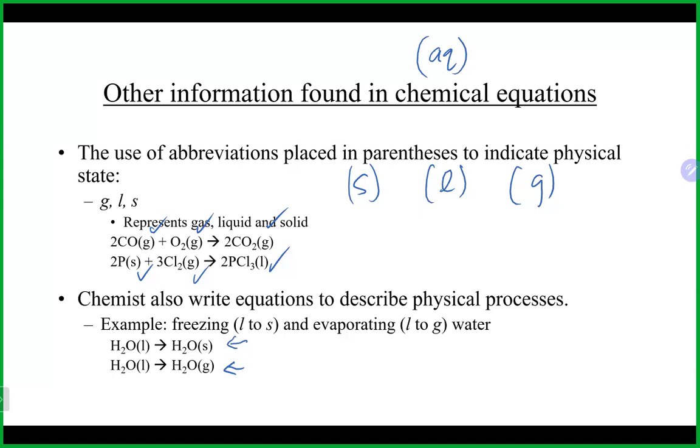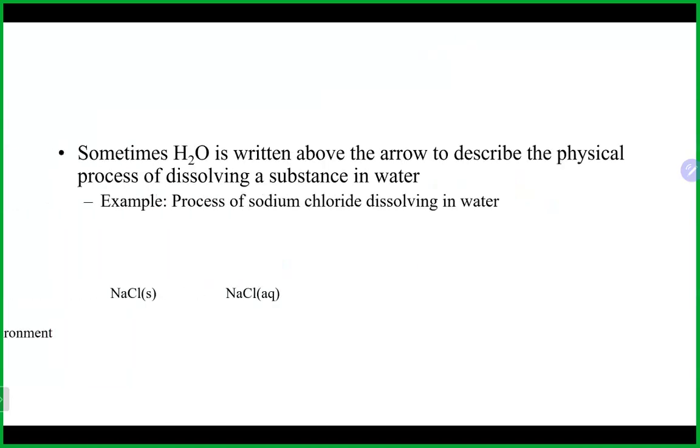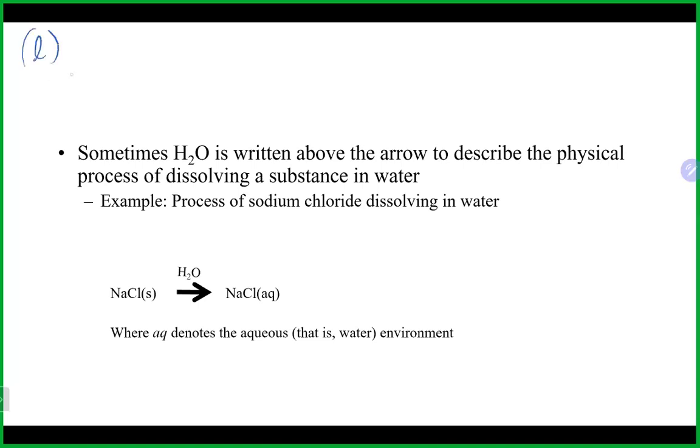Remember, a physical change is what you start with and what you end with is fundamentally still the same thing. It hasn't really fundamentally changed to anything new. Other things that we sometimes will see in equations: water written above the arrow usually indicates that you're taking something and dissolving it in water. And again, a reminder that there is a difference between something in the liquid state and something in the aqueous state.